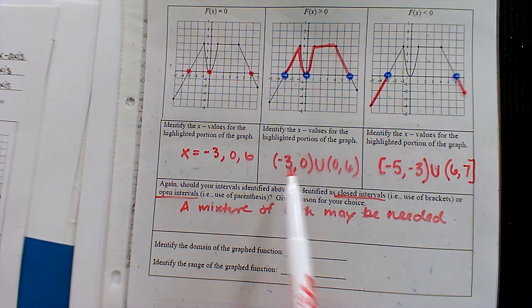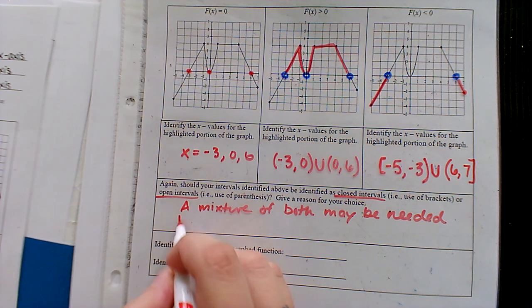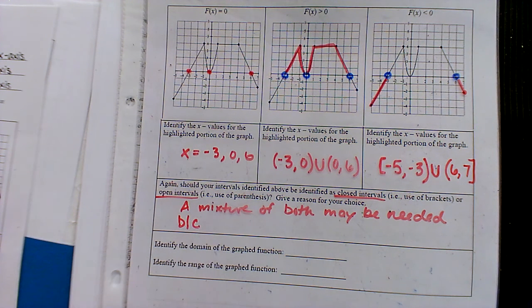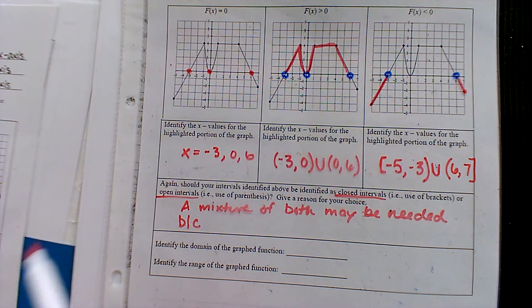Not all the time, because if you take a look at the middle graph we did, weren't both of those open intervals? So a mixture might be needed because, what do you want to give as your reason? Why did we need brackets on the -5 and the 7, whereas compared to some of the other ones we just needed parentheses?